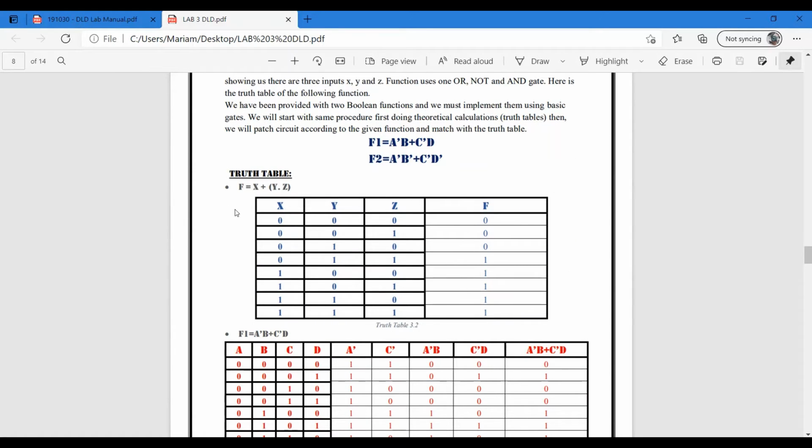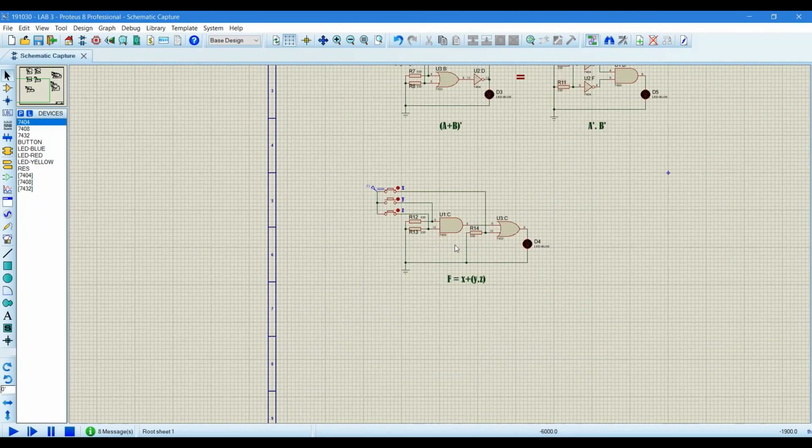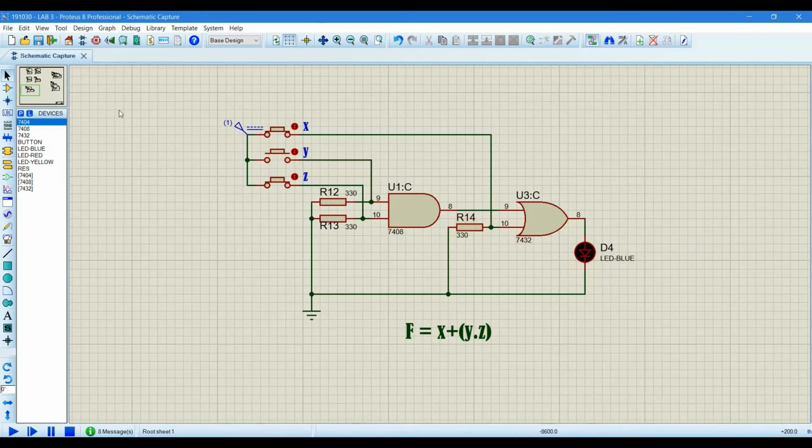So this is the truth table of that function, and this is the function. Let's check this by its truth table, which I define or implement here on the Proteus. So let's check it.